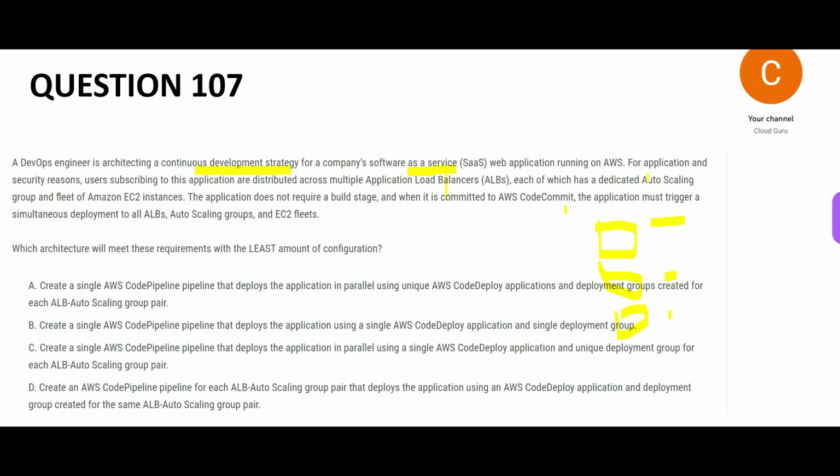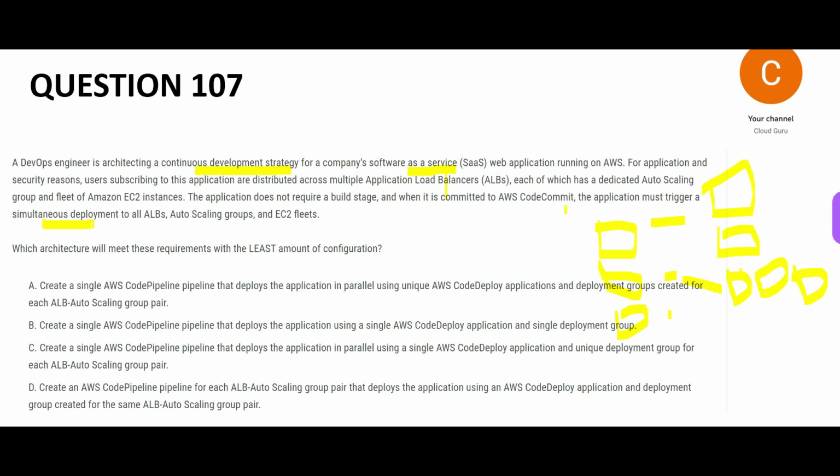and each ALB has a dedicated auto scaling group and fleet of EC2. So behind this ALB, suppose there is a fleet of EC2. Then again behind this ALB, again there is a fleet of EC2. What they are asking is, you must do a simultaneous deployment.